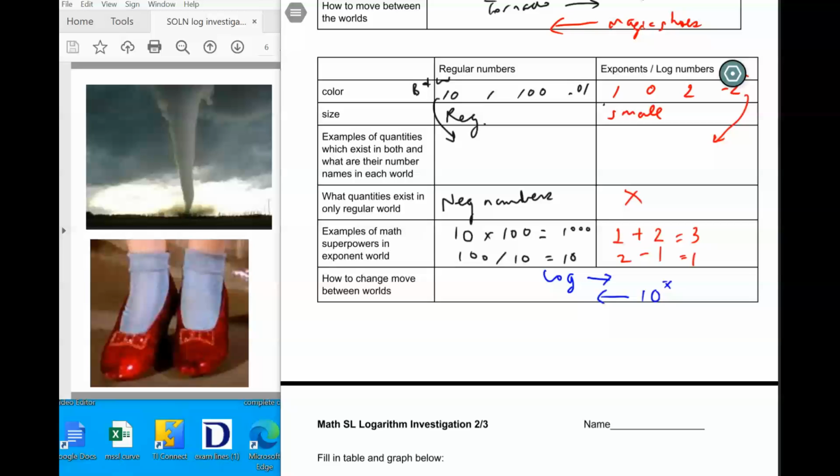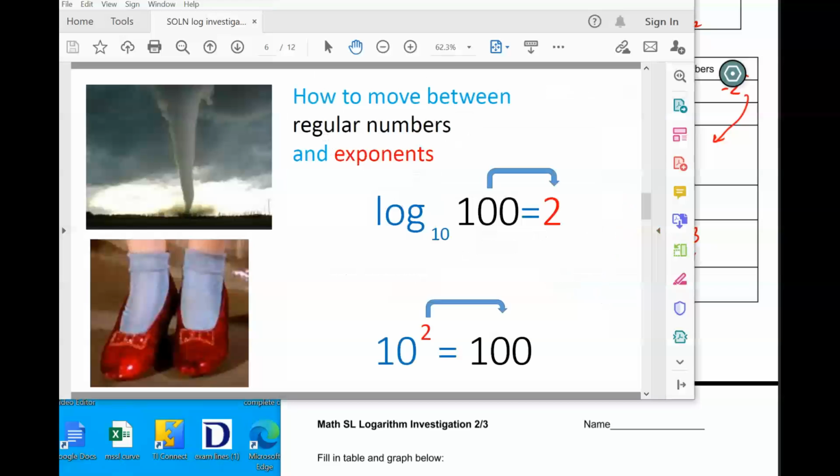Okay? And just to show you what that looks like, I write the transportation methods in blue to differentiate this notation from the black and the red numbers, okay? So I'm gonna write what that looks like. Let's go back here and take a look at this just for a second. So we move from one world to the other with the tornado or the ruby red slippers.